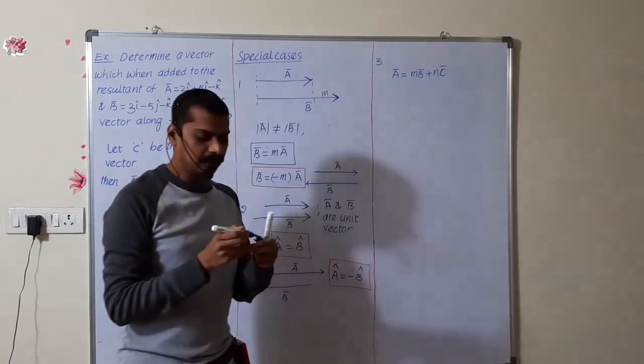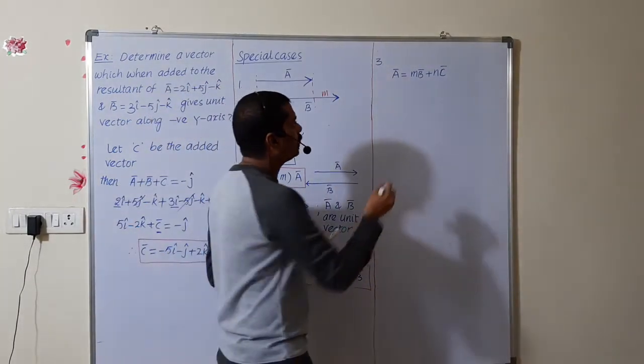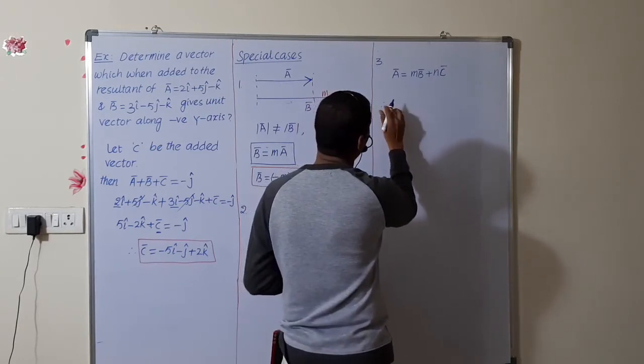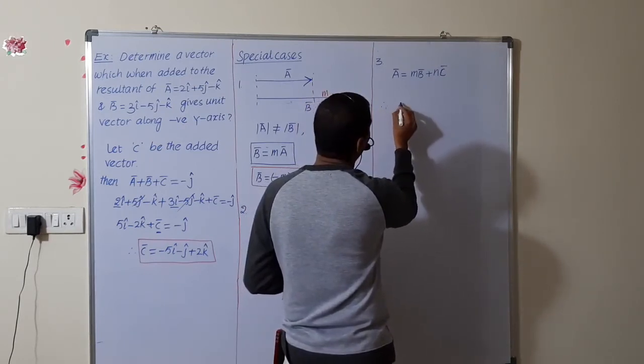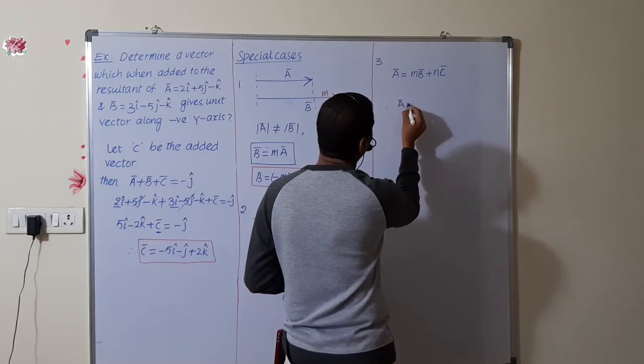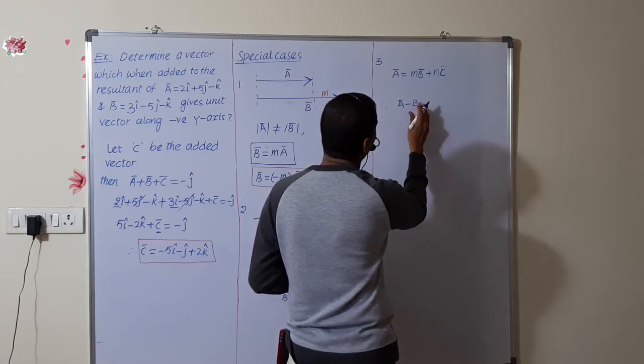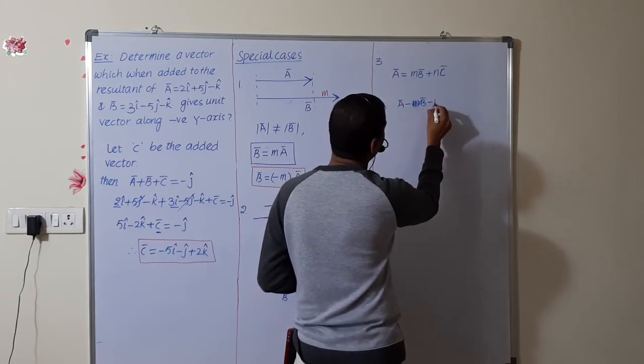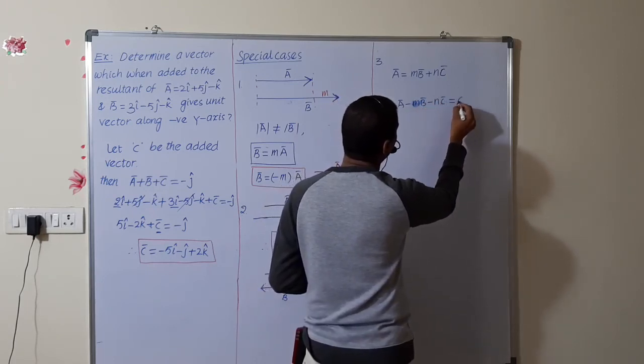Here three vectors are there. If I want to take the resultant of these three vectors, how do I write it? I can write A vector minus M B vector minus N C vector is equal to 0.